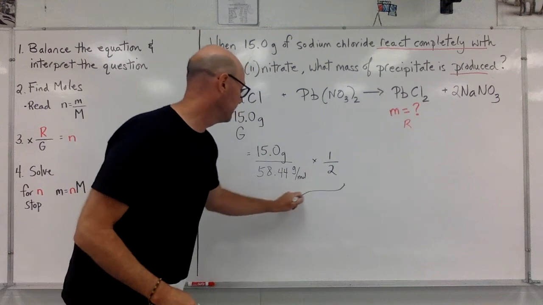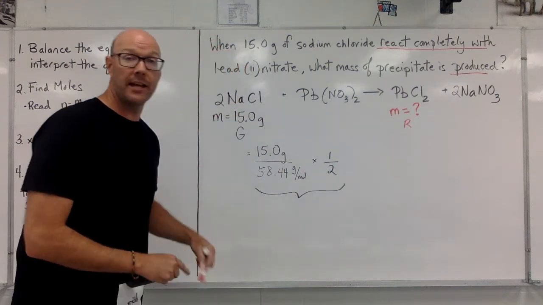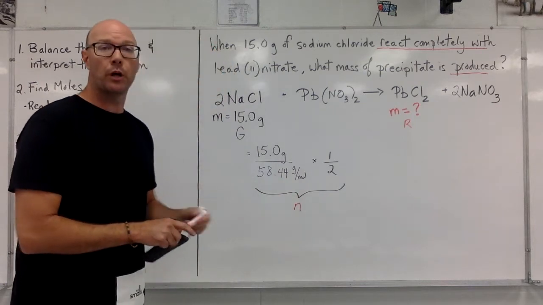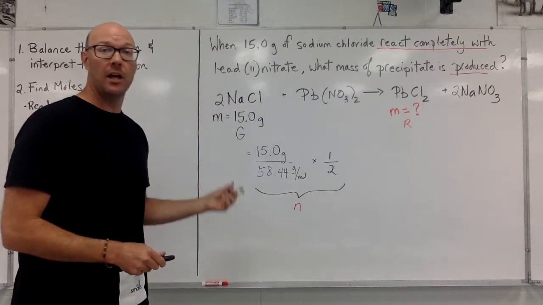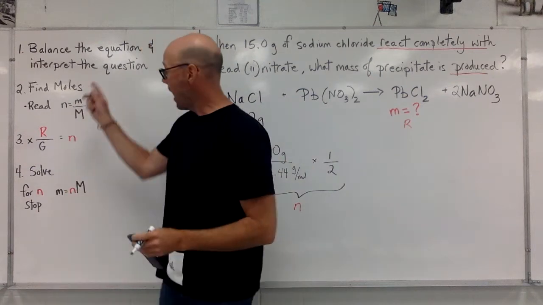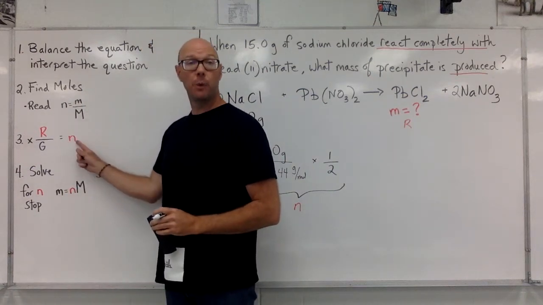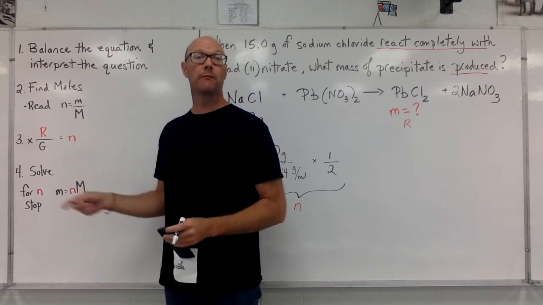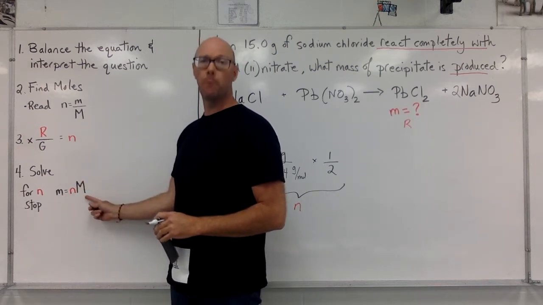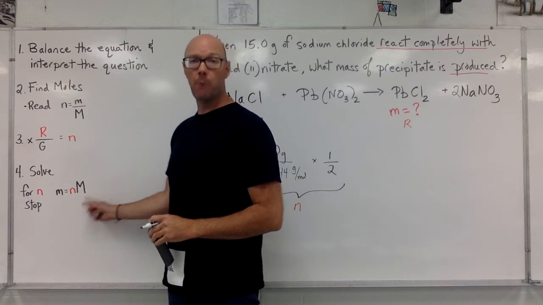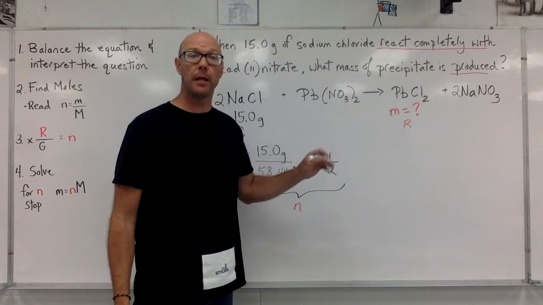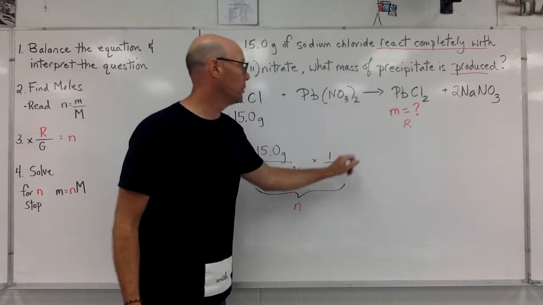All of that represents what I call the red N. Any work we did before and the R over G together collectively make the N. Or, after we multiply by R over G, what we have is the red N. Here we're looking for the mass, so it's this red N multiplied by the molar mass. We have the moles of the lead 2 chloride, so we multiply by its molar mass.